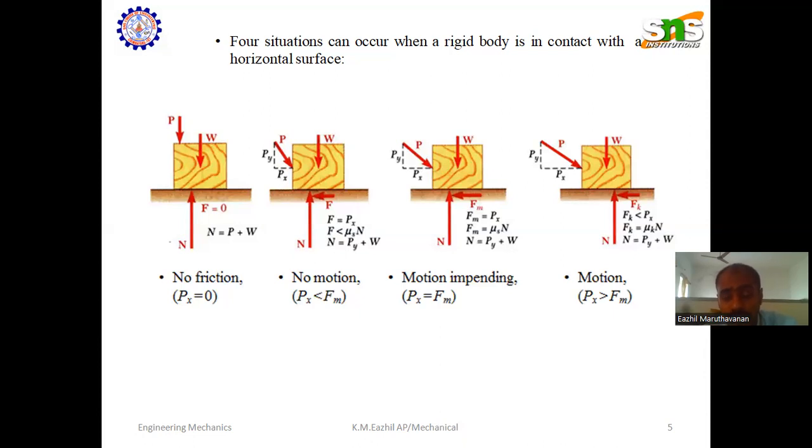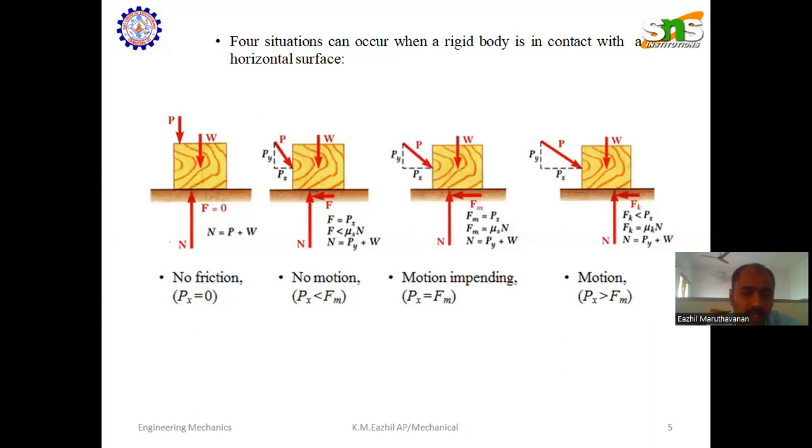When the object is in kinetic motion, the equation is rewritten as Fk is less than Px. The frictional force will be less than the applied force, and in that case the object will be in motion. So, considering these four different conditions: when there is no applied force, there will be no friction.